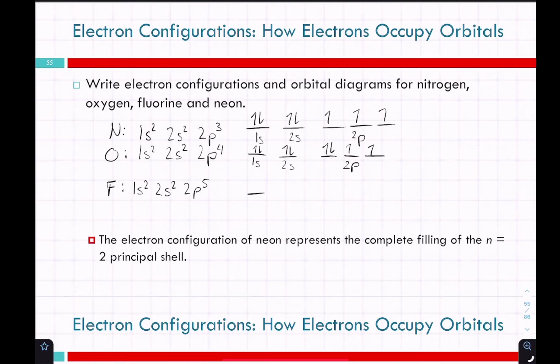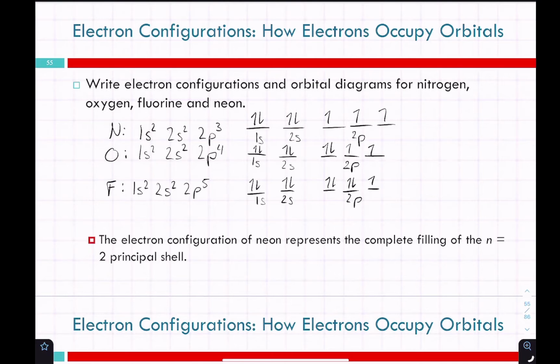And then it'll be a 1s orbital, 2s orbital, 3 p orbitals. And then our electrons will go in there. And the only thing that changes is in the p orbitals now. So it's 1, 2, 3, 4, 5. Make sure you're writing these in with opposite spins when they're paired. First one's a half up, second one's a half down.